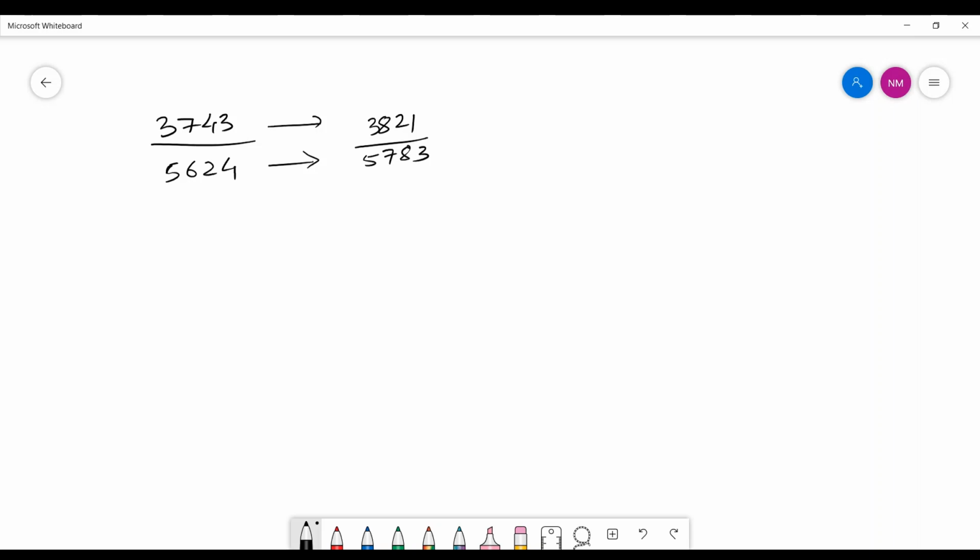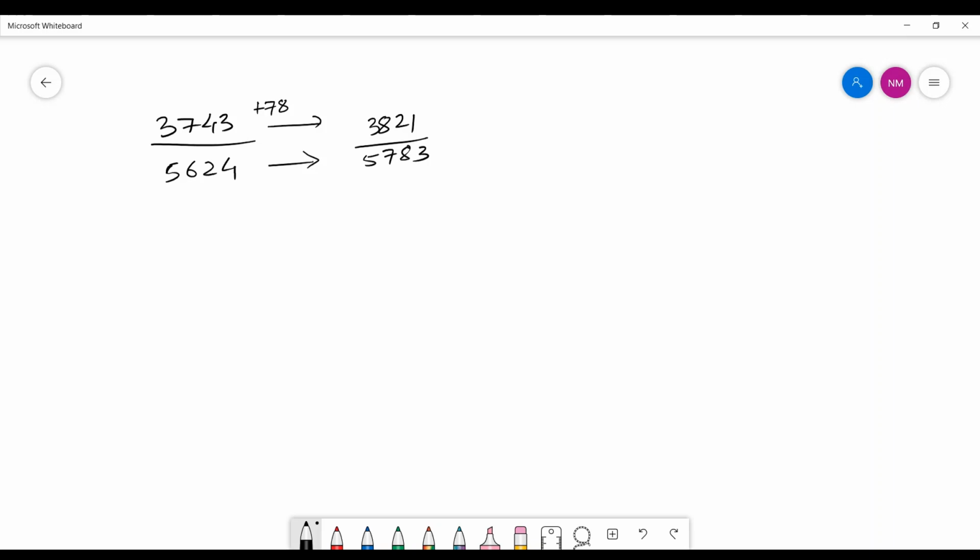We need to first see what is the change in the numerator and denominator. So first we need to get the delta value here, right? With 3743, if I add 80 to it, I get 3823, but I need to get 3821, so it is a 78 absolute increase, right?